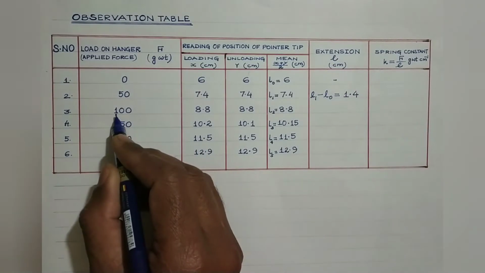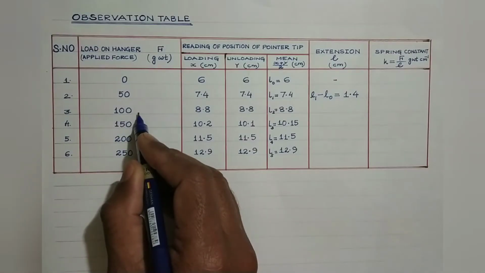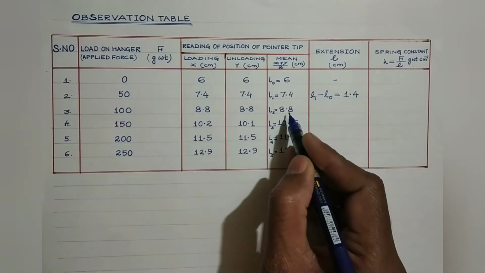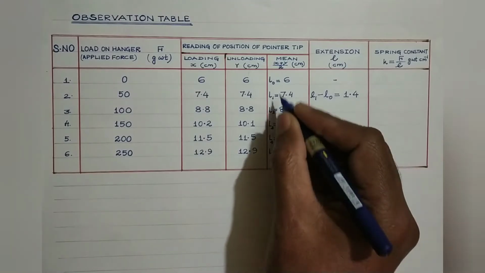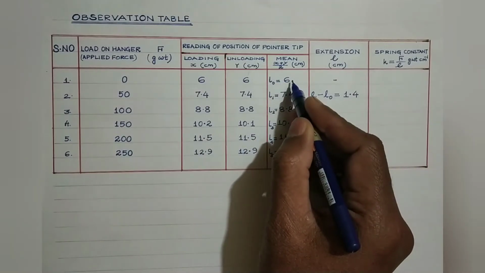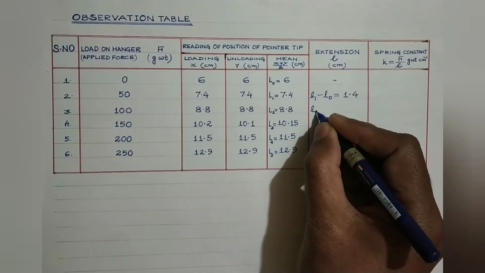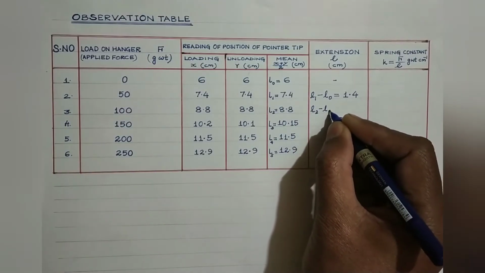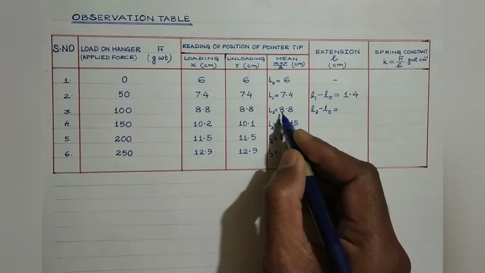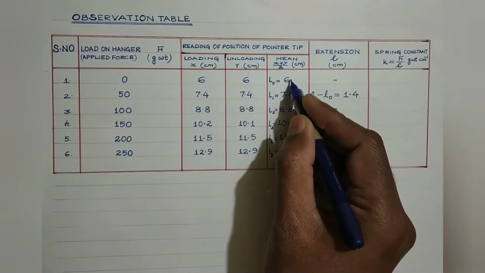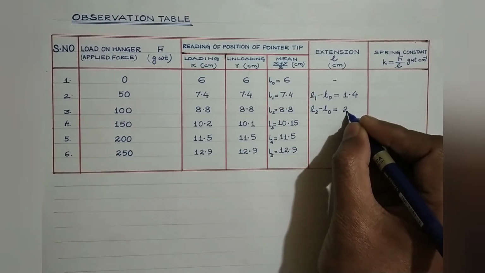Now students, when 100 gram weight is attached to this spring, the extension would be L2 minus L0. This is the initial reading and this is the final reading, right? So that is 8.8 minus 6, which gives us 2.8.